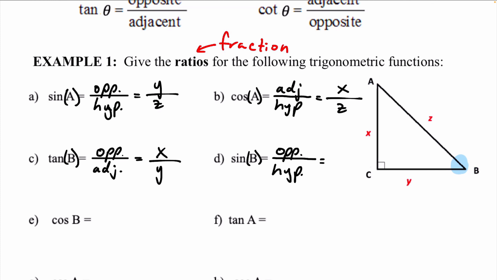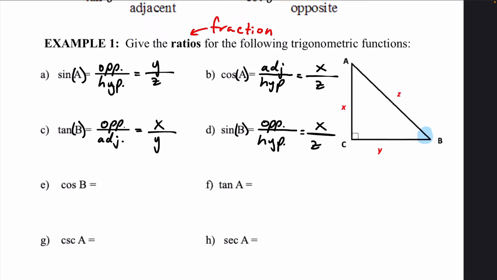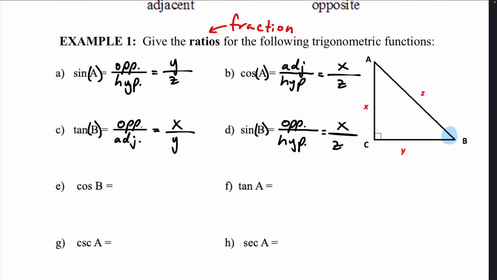So if I'm at B, which side is opposite of B, X, Y, or Z? X. Which one's the hypotenuse? Z. Z is always the hypotenuse for this triangle.